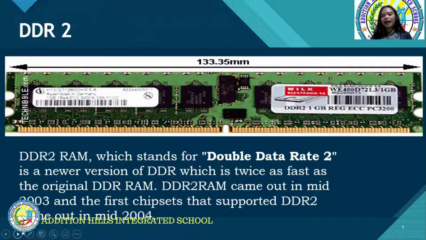So, di ba, kagaya ng sinasabi ko kanina, pag naglalabas ng mas bagong type ng RAM, mas mabilis kaysa sa luma. Siyempre, kailangan din nila i-upgrade yung RAM ng mga ginagawa nila or na nilalabas nila para din ma-upgrade naman yung ating mga computer system. So, ang DDR2 is twice as fast as the original DDR. So, mas mabilis siya ng dalawang beses kaysa sa DDR.